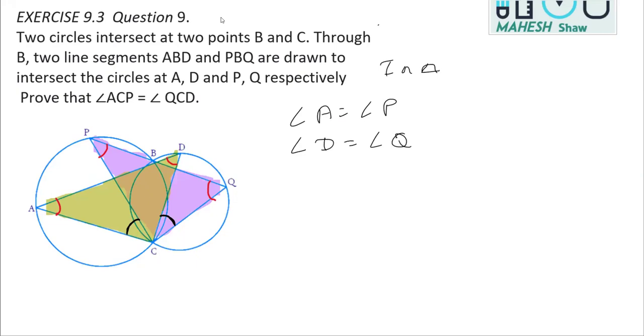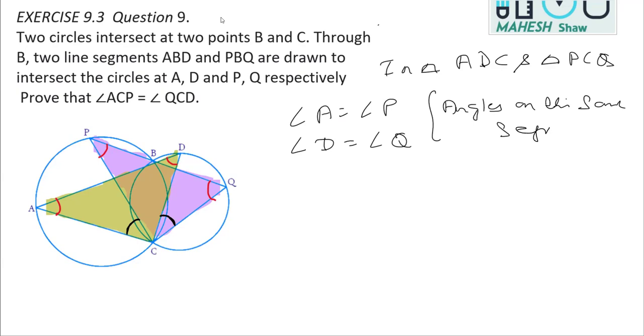We are talking here of triangle ADC, and the other triangle taken is triangle PCQ. So what do we know? These are equal from the angles on the same segment.